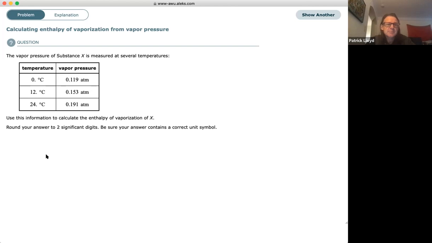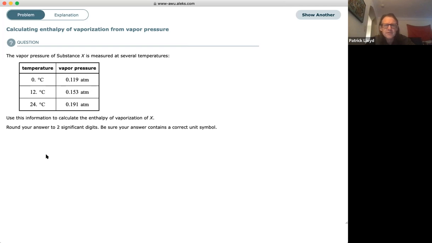If the temperature is 12 degrees C, the vapor pressure is 0.153 atmospheres. And if the temperature is 24 degrees C, the vapor pressure is 0.191 atmospheres. So there are 3 temperatures and 3 vapor pressures. And we're asked to find the enthalpy of vaporization of this liquid.